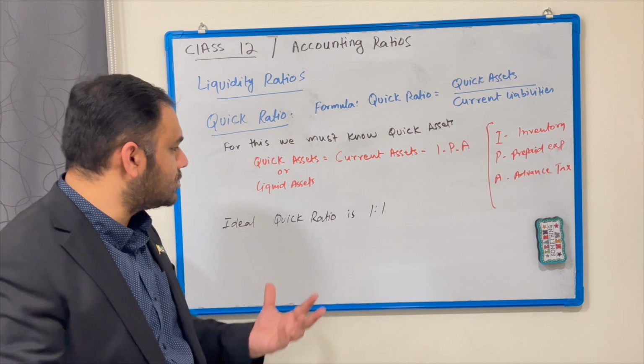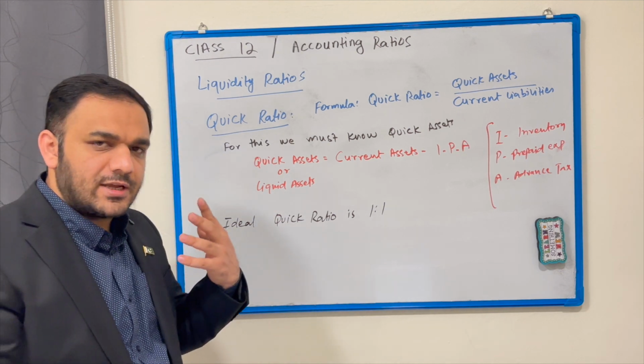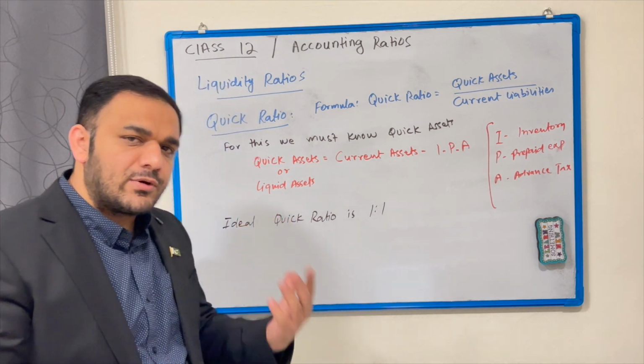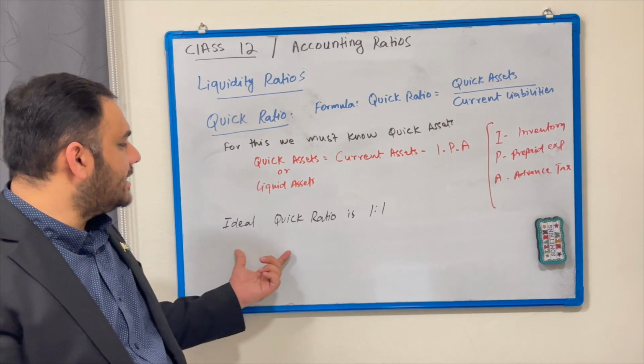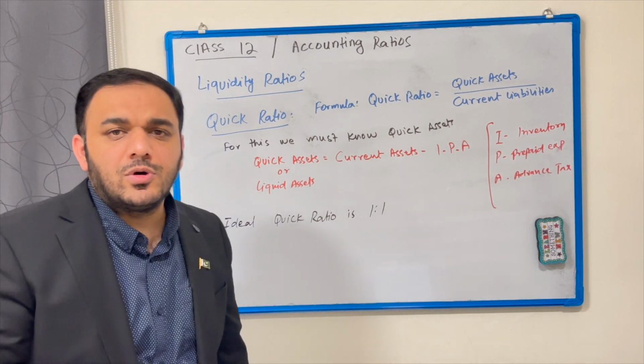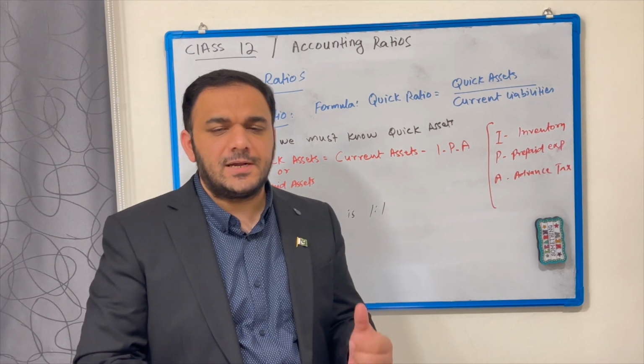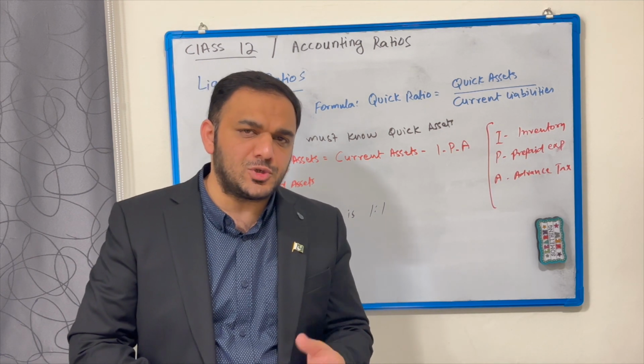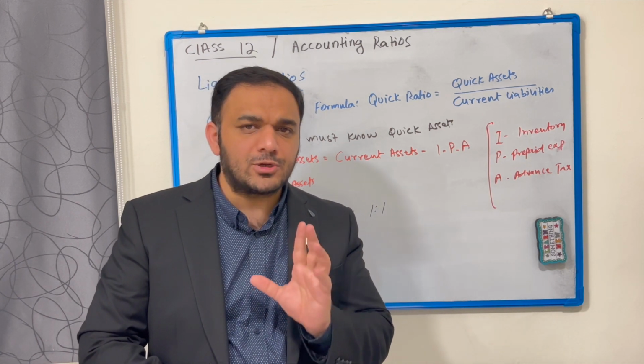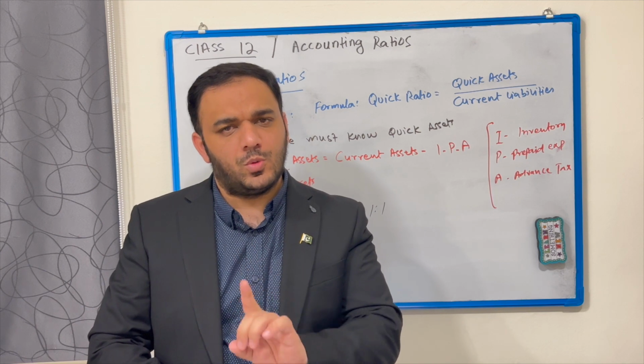Quick assets are also called liquid assets. And then the ideal quick ratio is 1:1. As we have studied, the ideal current ratio is 2:1, and the ideal quick ratio is 1:1.